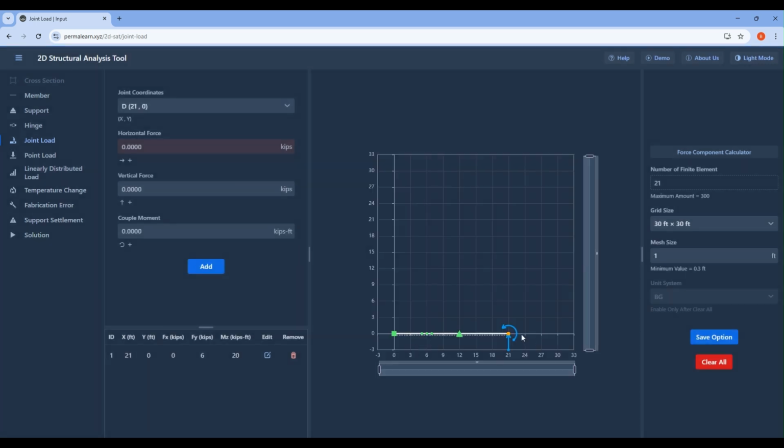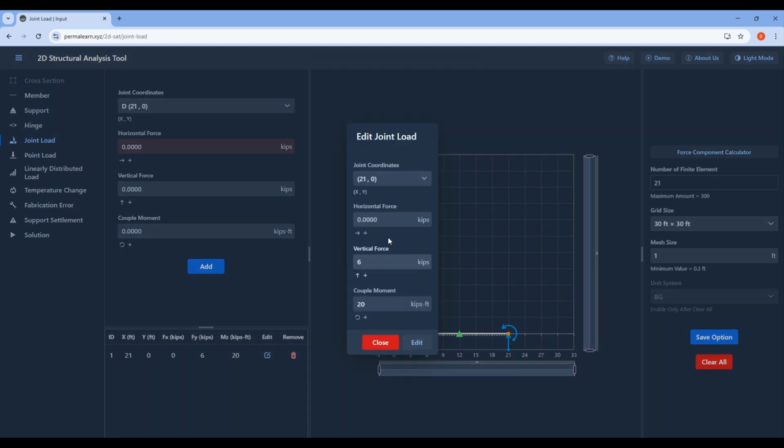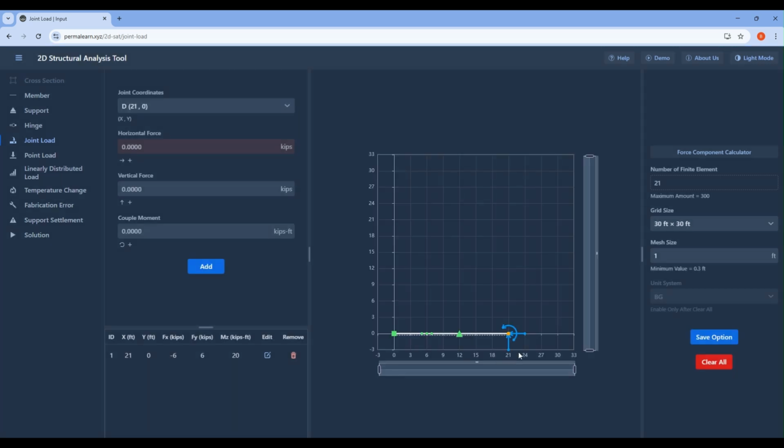So I put the positive here, and it will generate a counterclockwise moment. And if I want that force to be inclined, I just put another horizontal force here to be -6. So it's going to the left, and it will generate this horizontal force here.